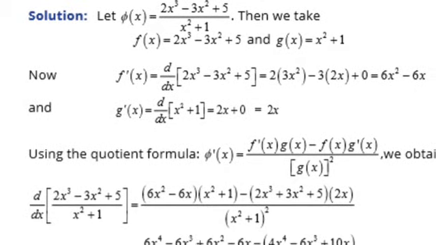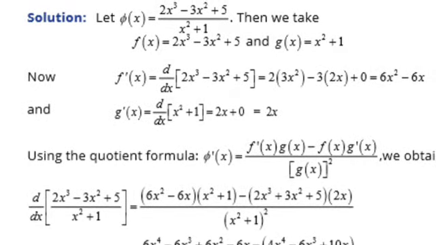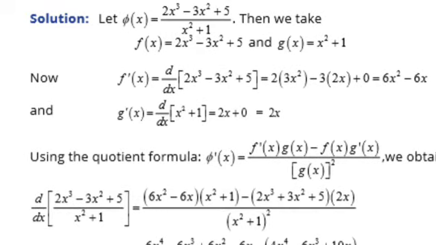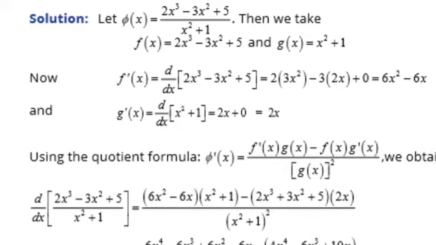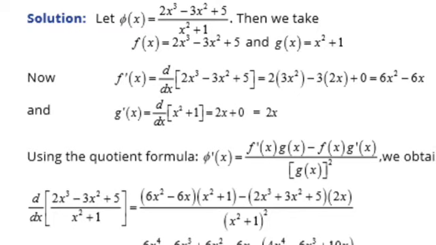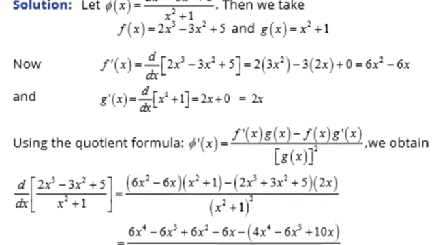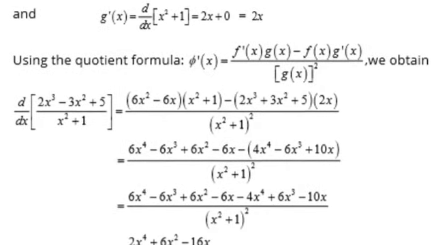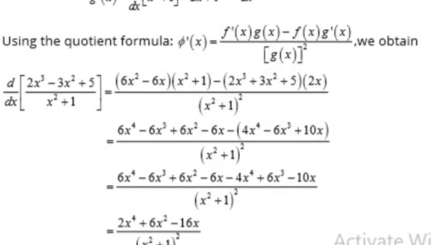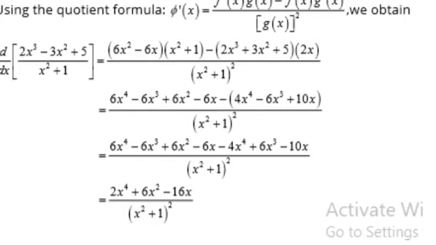Now we put these values in this formula. F dash of x is equal to 6x square plus 6x, g of x is x square plus 1, f of x is 2x cube plus 3x square plus 5, and g dash of x is equal to 2x. We multiply the numerators and then simplify this.